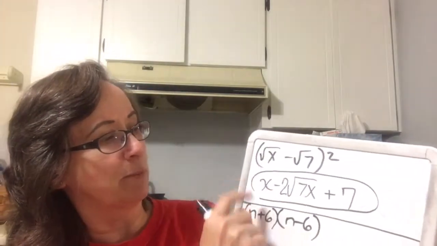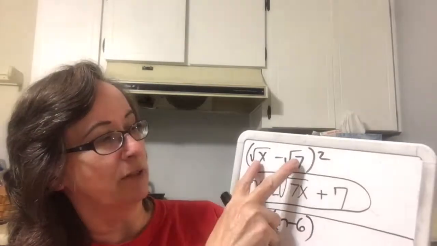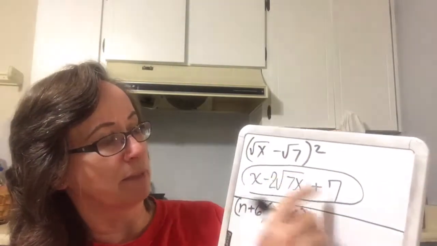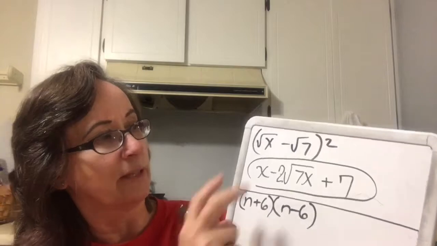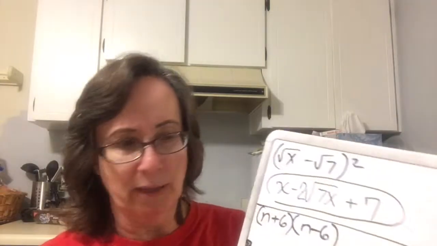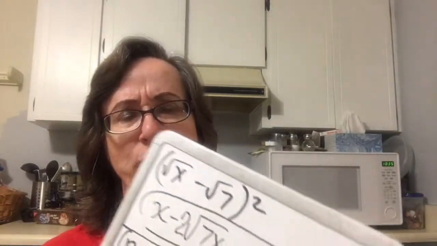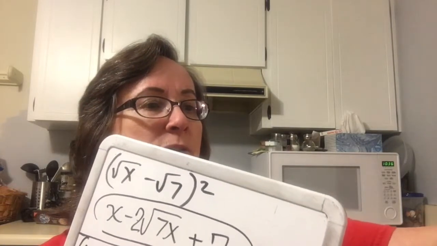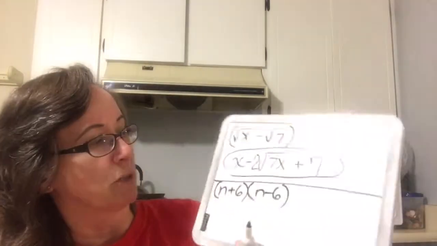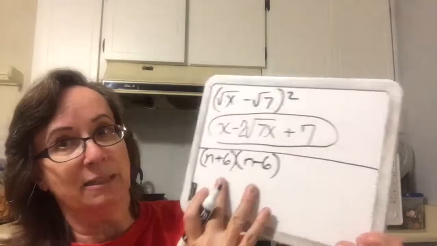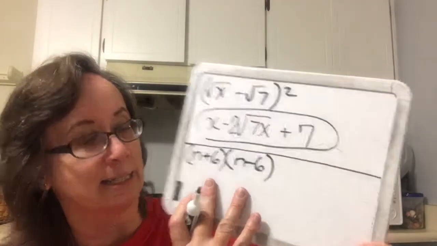Okay, so the first term squared, the product of the two terms doubled, the last one squared. So that was a binomial squared. I'm not sure if I said that was a FOIL. That's not a FOIL. That's a binomial squared, which is what we're working on. This one is conjugates.